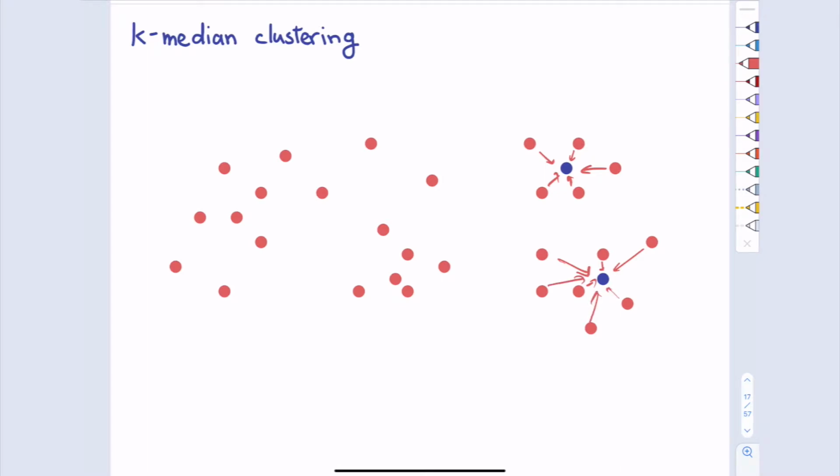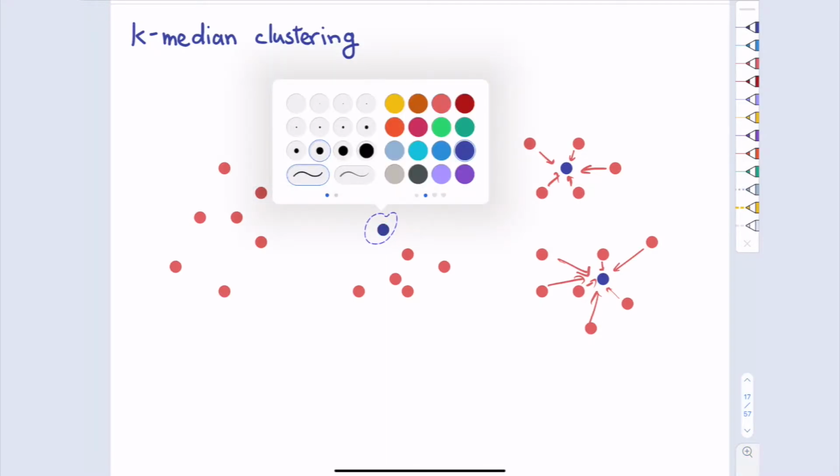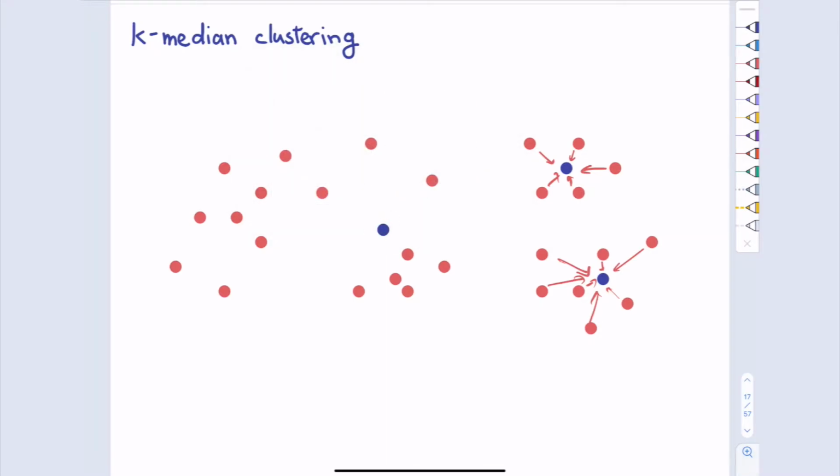And then maybe I would pick this one, and maybe this one. Okay. And I'll just assign the red points to the closest blue point, and say, oh, this is a reasonable summary for these points, and this is a good summary for these points.